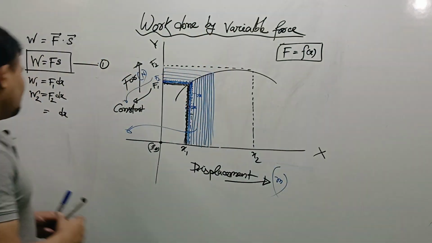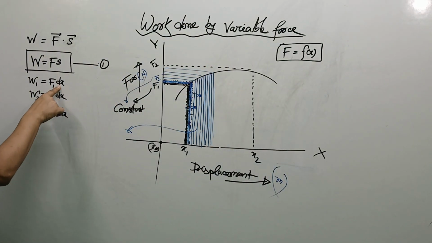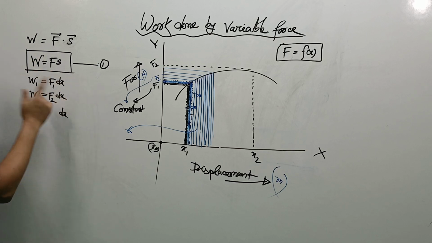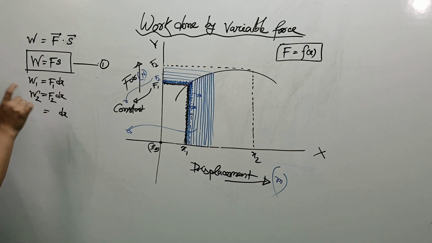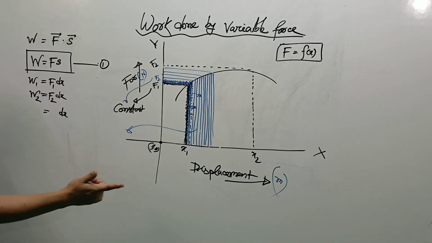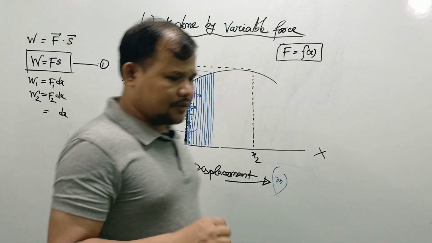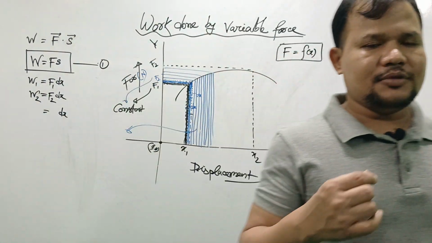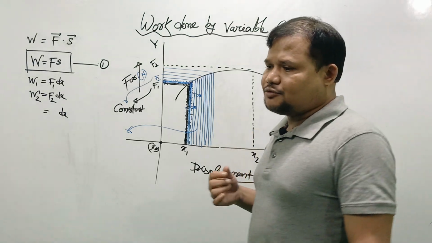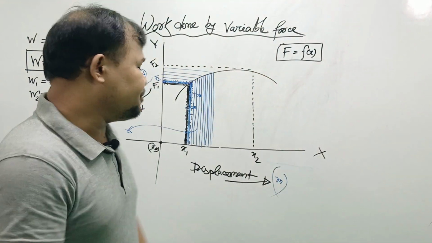Because of this very small part dx, we need force F1, which is constant, so we can write this equation. This equation is valid only under one condition: the displacement must be very small. If the displacement is very small, the applied force looks like a constant force.